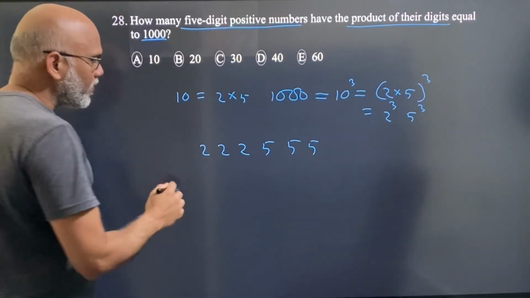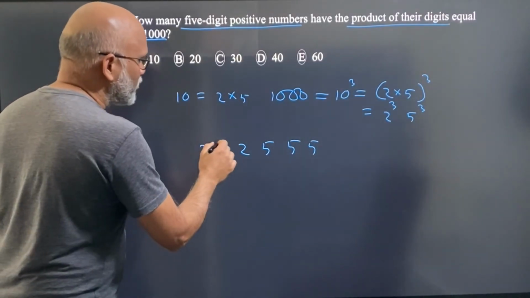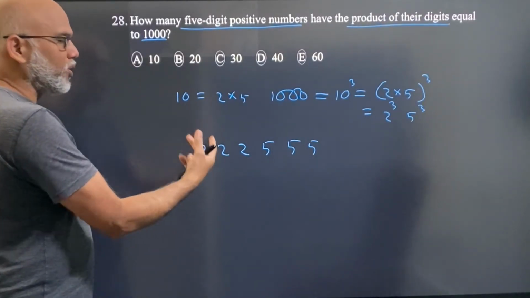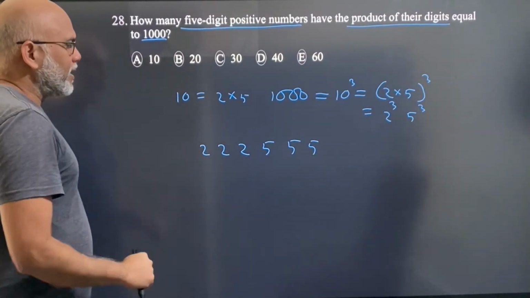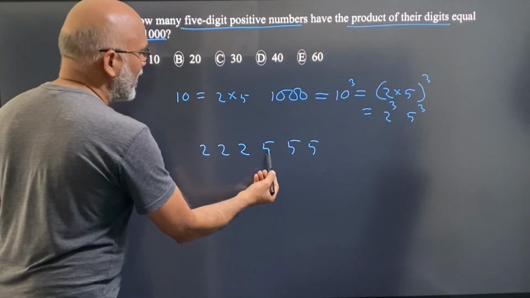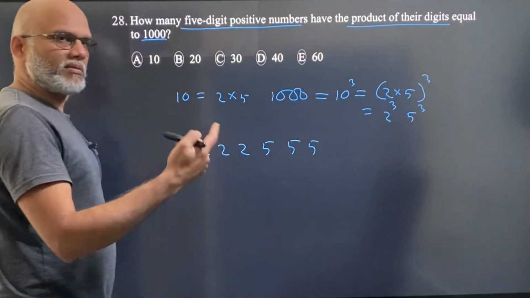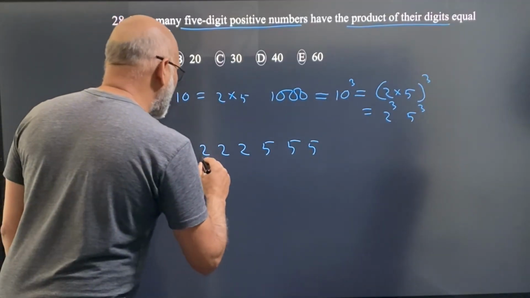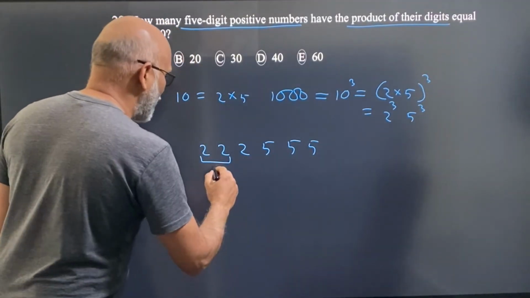Okay. Now we have 1, 2, 3, 4, 5, 6 numbers. So we have to combine 2 of those and make one number, right? Now I cannot combine 5 with anything else because 5 times 2 is a 2-digit number, right? Okay, so maybe I can combine 2 and 2. So I'll make it 4.